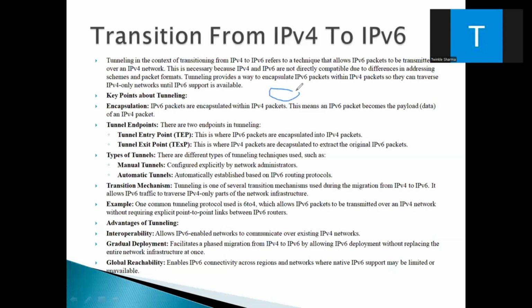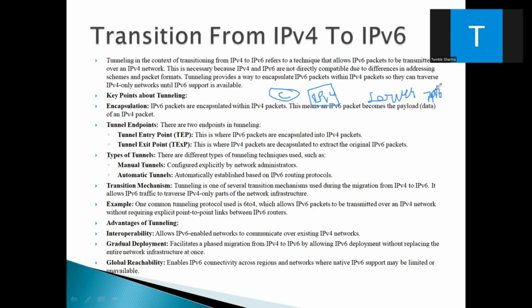Here is our client, okay, and here is the device supporting IPv4. Here is our server, which is of IPv6. So in this we can say one packet you can wrap in another packet and send, which is known as encapsulation.